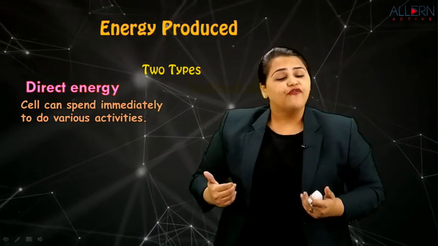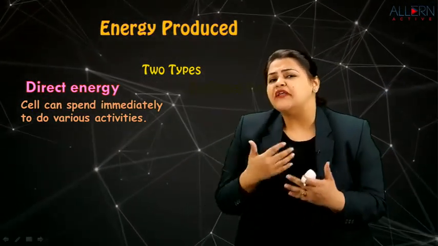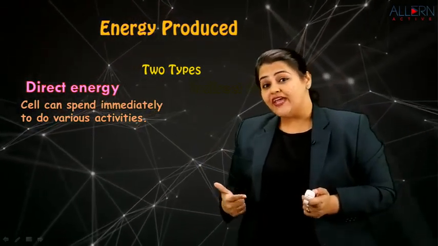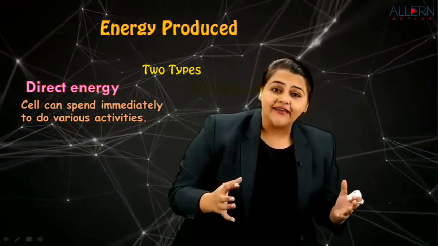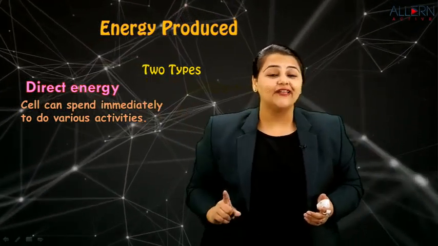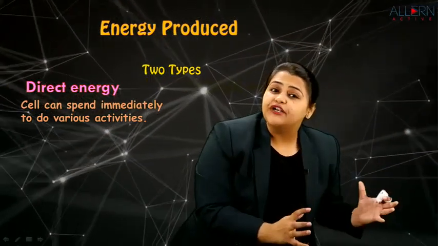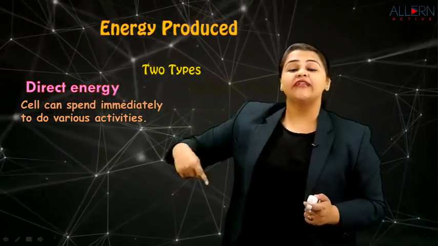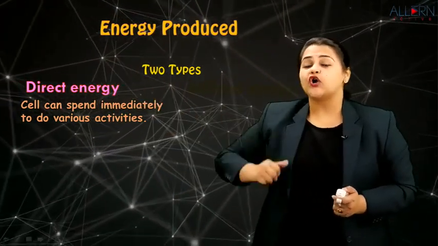Yes. And for me, my body is producing direct energy and I am utilizing this energy in speaking. So that is nothing but direct energy. Energy which is produced by various activities and which the cell is immediately utilizing is what is called direct energy.